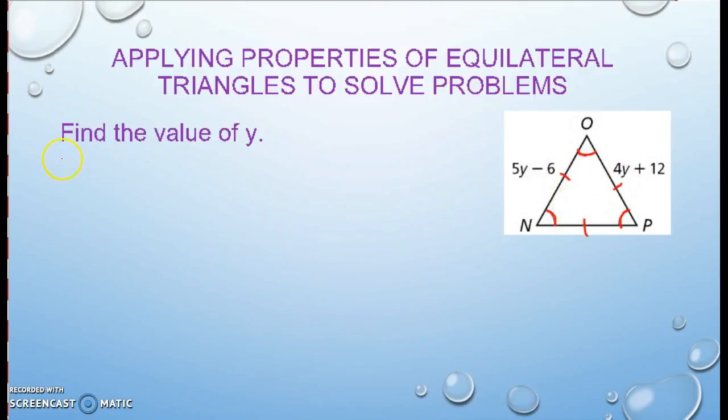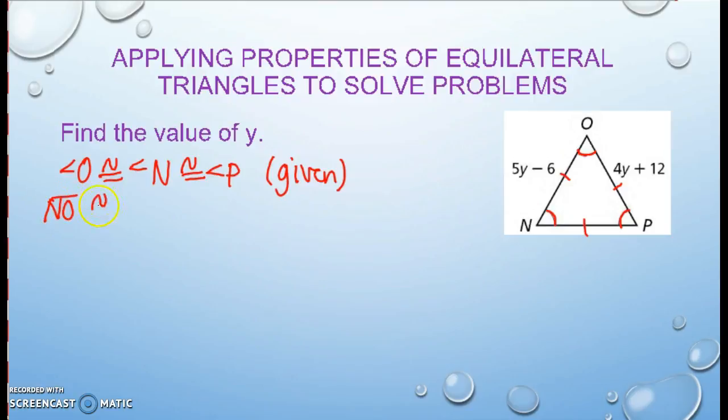Because we are given angle O is congruent to angle N, which is congruent to angle P, that's given, we can then state that all 3 sides are congruent. NO is congruent to NP, which is congruent to OP. And that theorem was the equiangular triangle theorem.